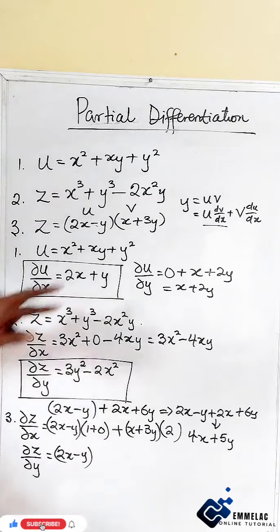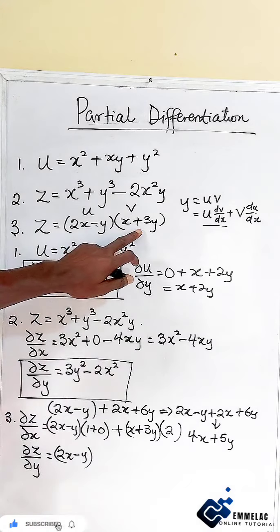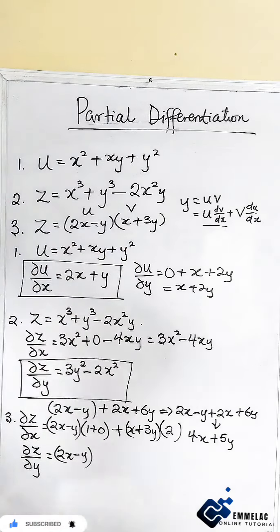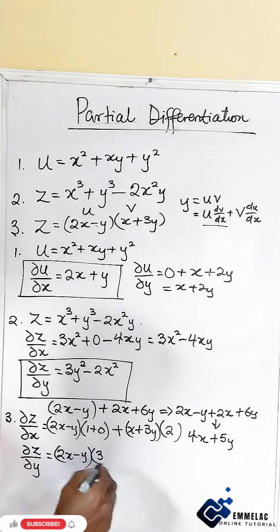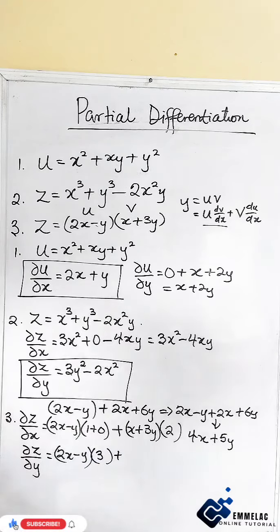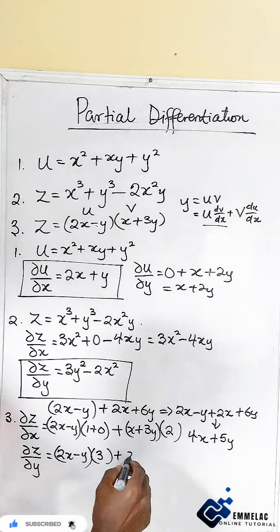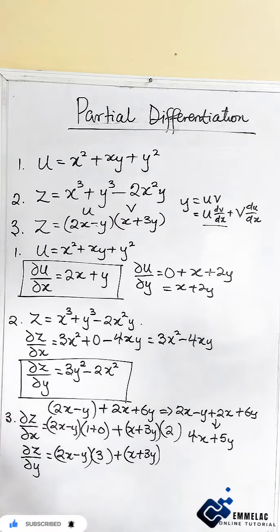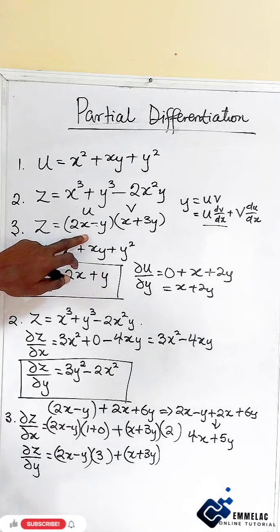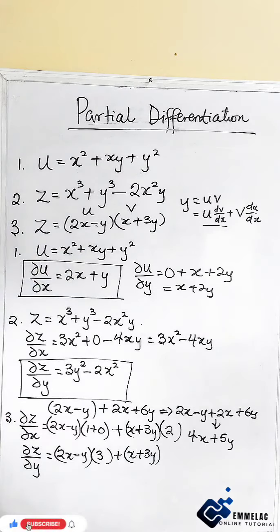Now differentiating v, we are left with 3, because x here is a constant term. Now plus, we are keeping v constant, that will be x plus 3y. Now differentiating u, here we have a negative 1.